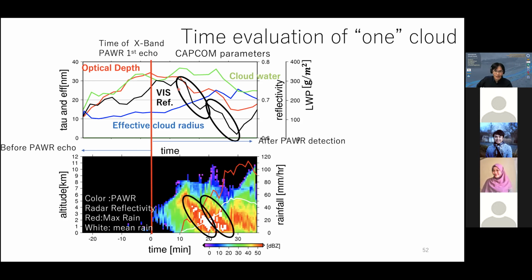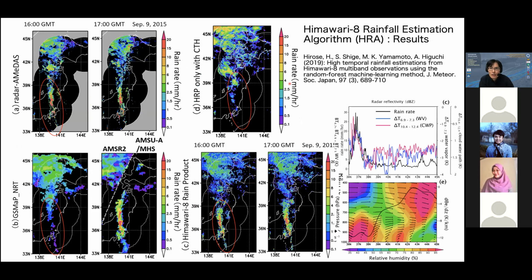So we also try to estimate the rainfall amount from the Himawari-8 data. This is another piece of research by our group, and Hirose also, where we utilized machine learning, based on random forest, one of the machine learning methods.